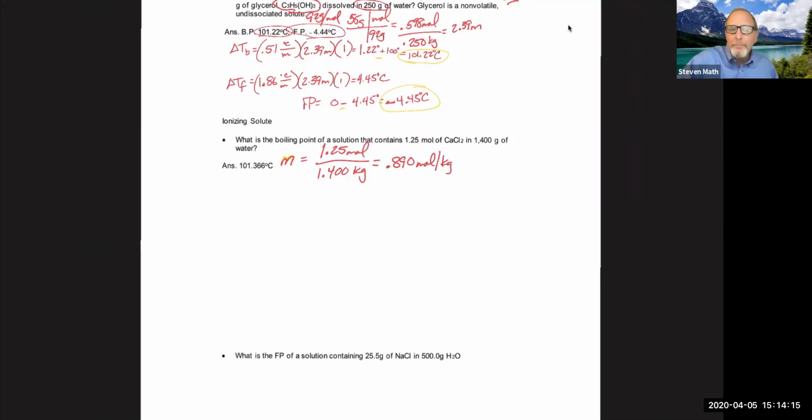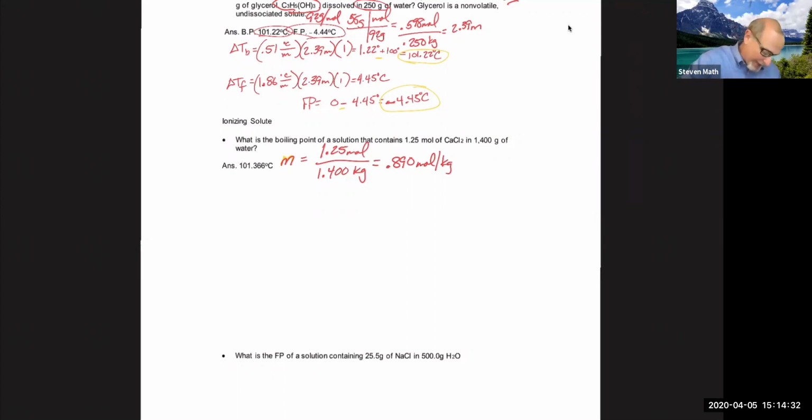All I did, the problem gave me moles already. I just had to turn 1,400 grams of the water into 1.4 kilograms of water. It's got to be in kilograms. So now I've got the molality.